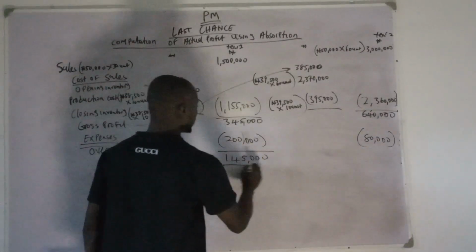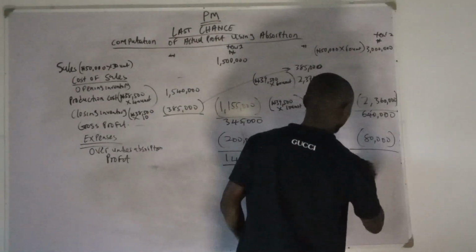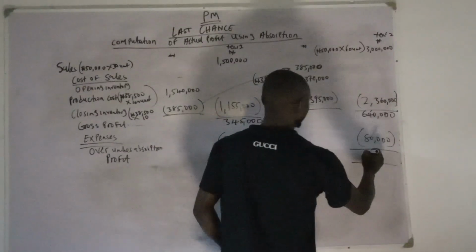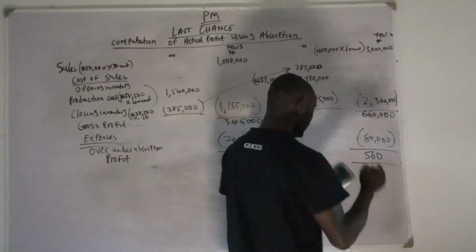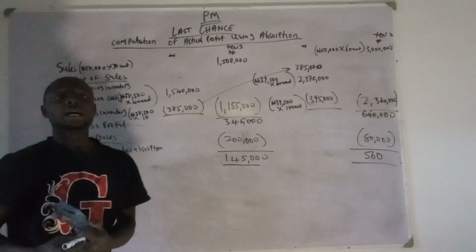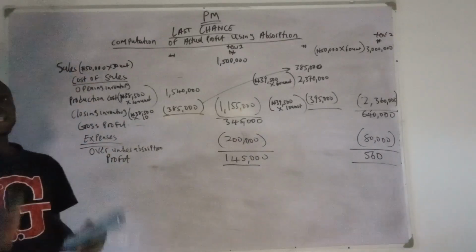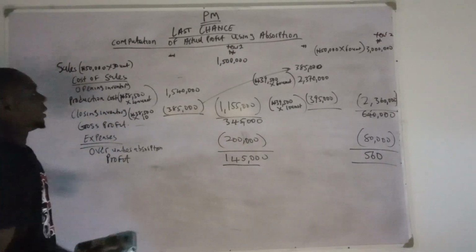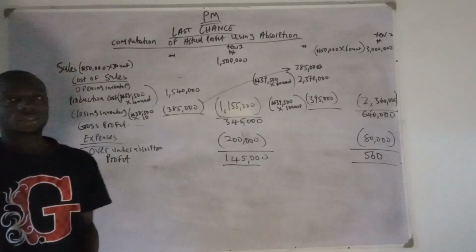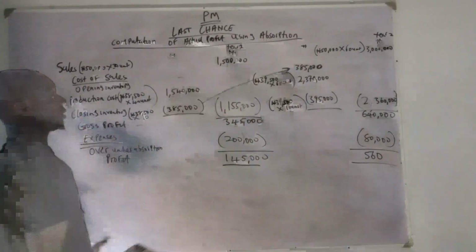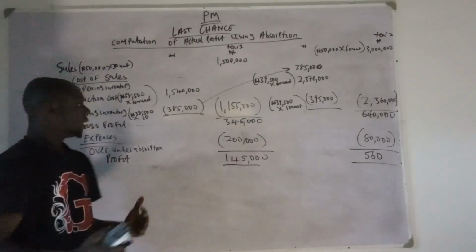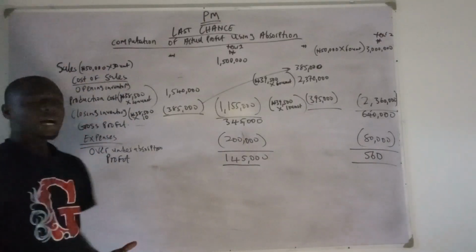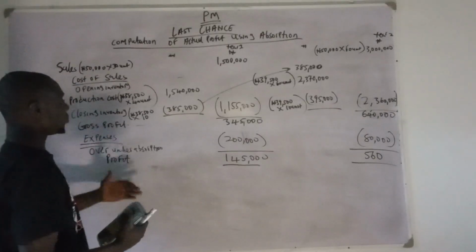Because this is for the whole year, and this is 560,000, right? This is 560,000, and this is the actual profit for the year. And this is all about absorption costing, right? You can see that this is very simple, right? Just follow this format, and you will see more of over and under absorption as we proceed.